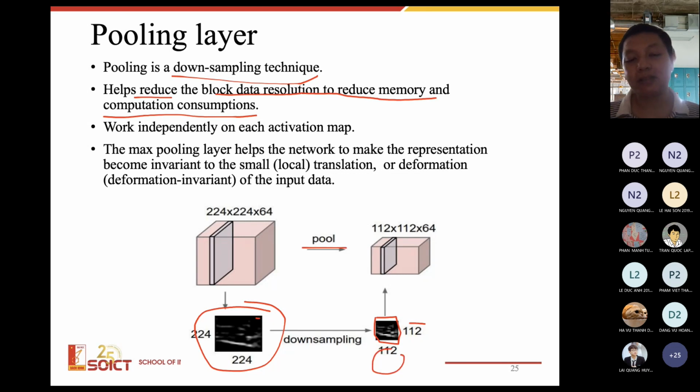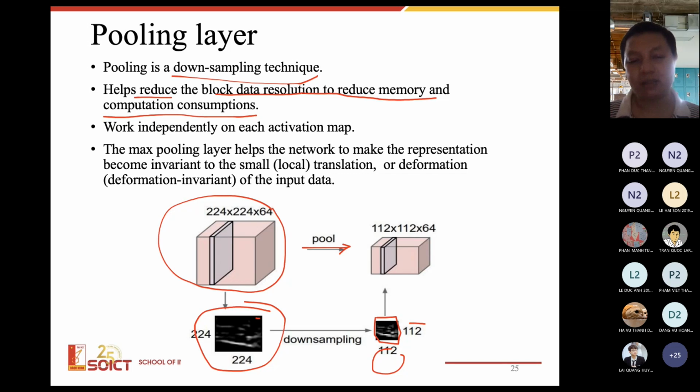The pooling mechanism is the same for the activation map. For example, here is an input image, or you can say an input activation map, and you see the size of the input is 224 by 224. By pooling, you get a new activation map that has only half the size, 112 by 112.